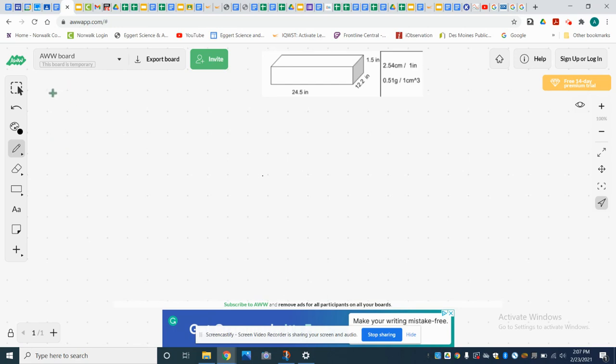So I want you guys to show your work. Technically, doing volume is probably something you can go ahead and just type out because there's no unit canceling. So maybe I'll demonstrate just typing this out right now. (24.5 inches), I'll use the asterisk for multiplication, times 12.2 inches times 1.5 inches, all given on the diagram.